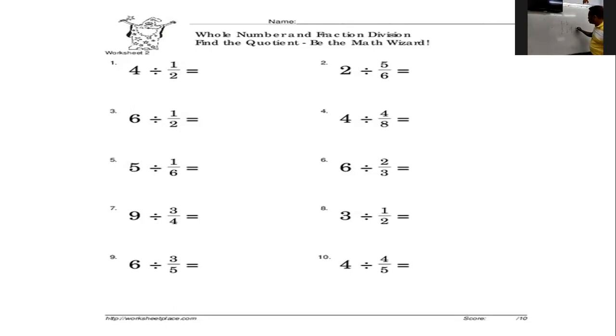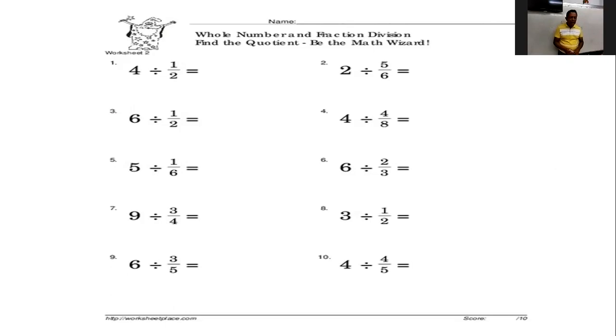It becomes 2 over 1. Then, this is the division. Now that you have inverted it, division becomes multiplication. And you multiply. So here you have 8 over 1. Get it? Let me solve.